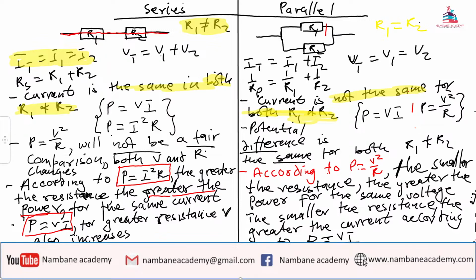The only thing that I need now to worry about is which connection am I comparing? Am I comparing series or am I comparing parallel? Once that is done, believe you me, everything will become very easy.